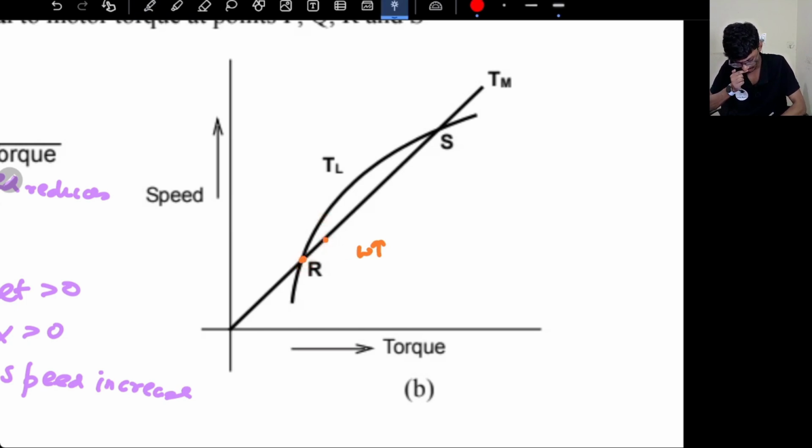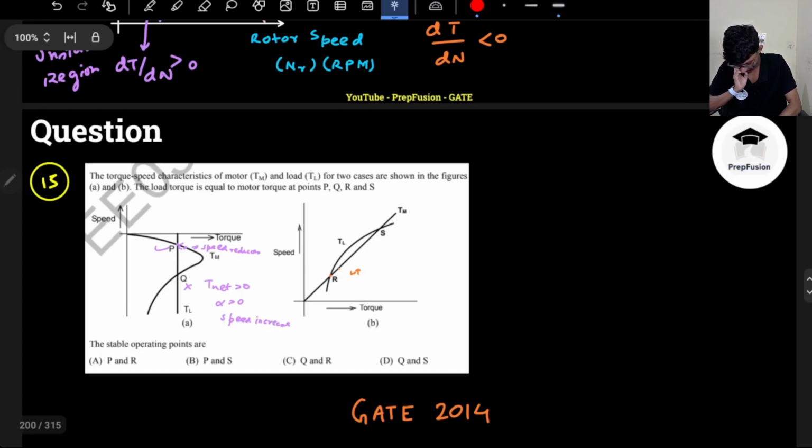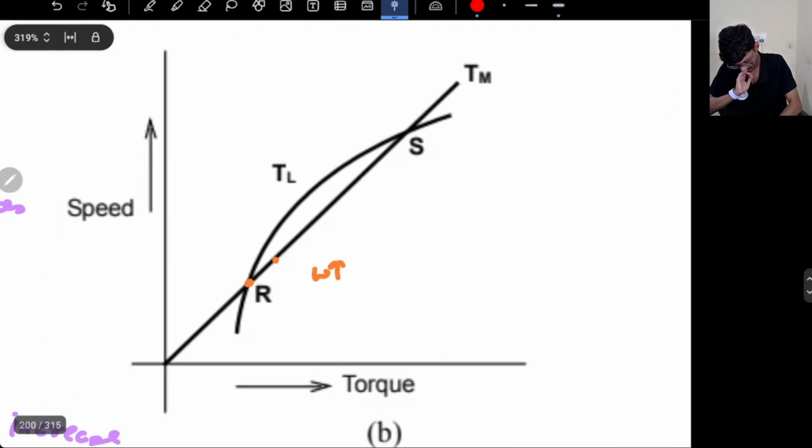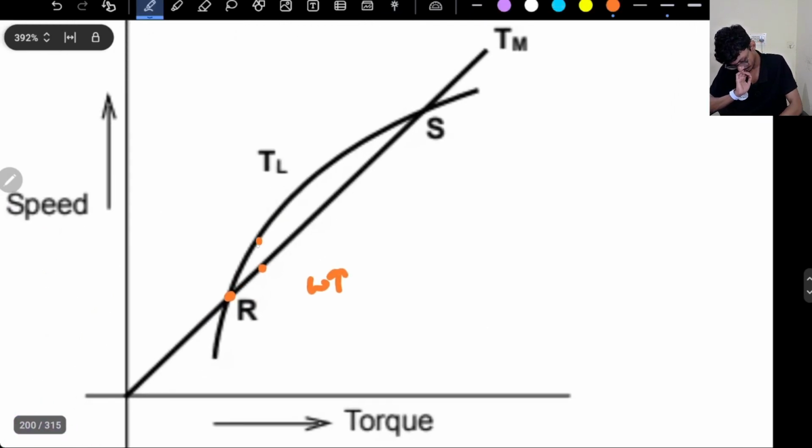No. Here I am at this position. This is the developed torque, and what is the load torque? If I slightly give it a disturbance, the load torque here was constant, but here it is actually varying. So how do I identify what will happen?